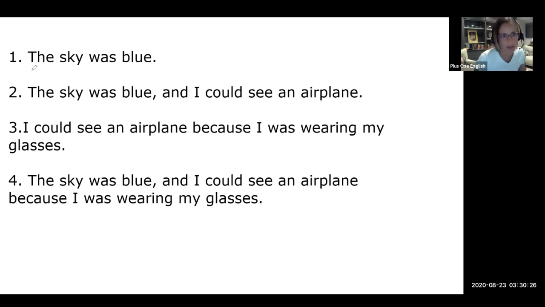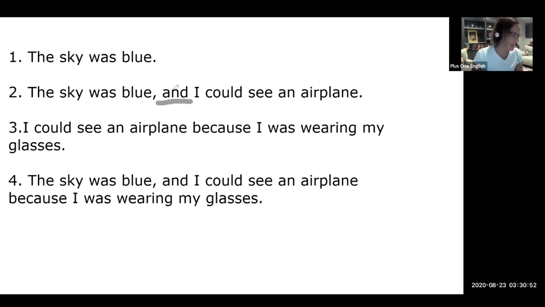Okay, number 1, the sky was blue. A simple sentence with the subject as the sky, was as the verb, blue as the object. Number 2, the sky was blue, comma, and I could see an airplane. So we have a complete sentence, the sky was blue, and then we have, and I could see an airplane.